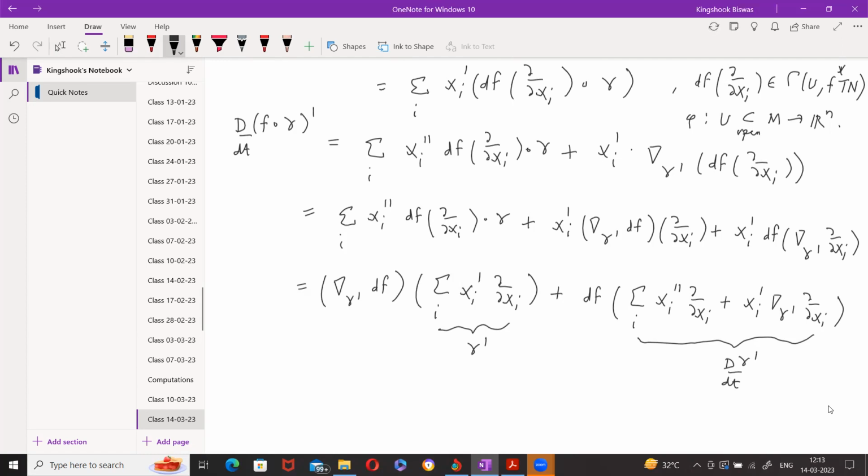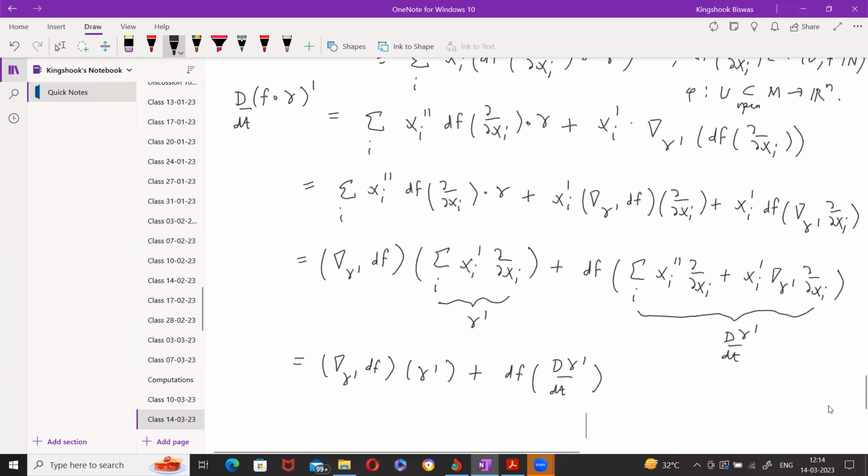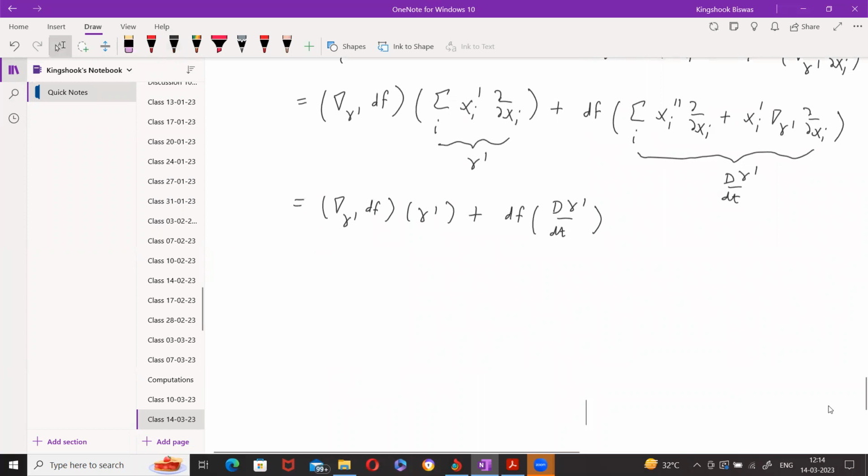So what are we getting? Finally, this becomes equal to nabla gamma prime df applied to gamma prime plus df applied to d gamma prime dt. Is this clear? Okay, so what is this?